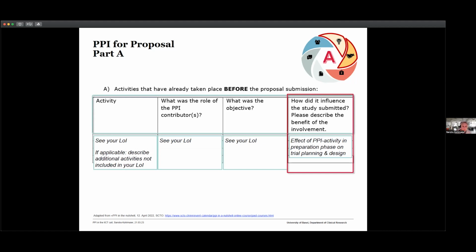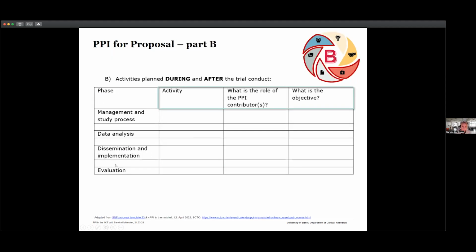And if you have done more activities in this planning phase than you entered in the letter of intent or the preparatory grant, you can of course also describe these additional activities here.